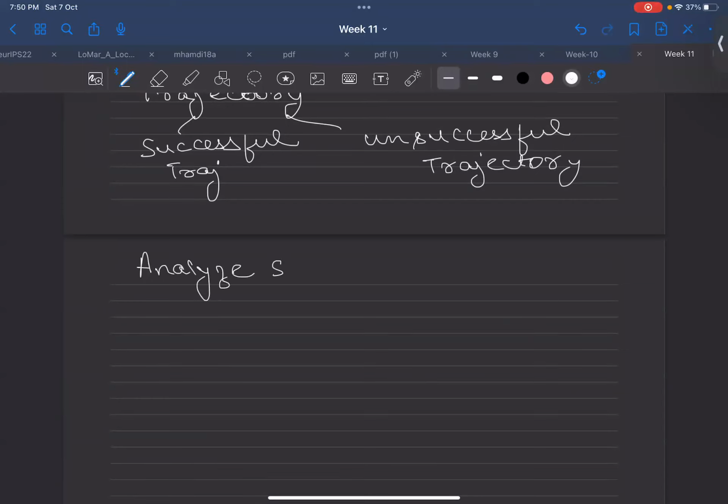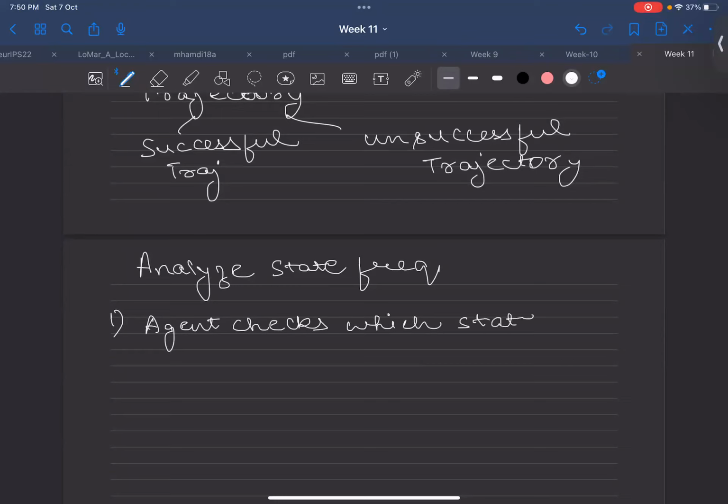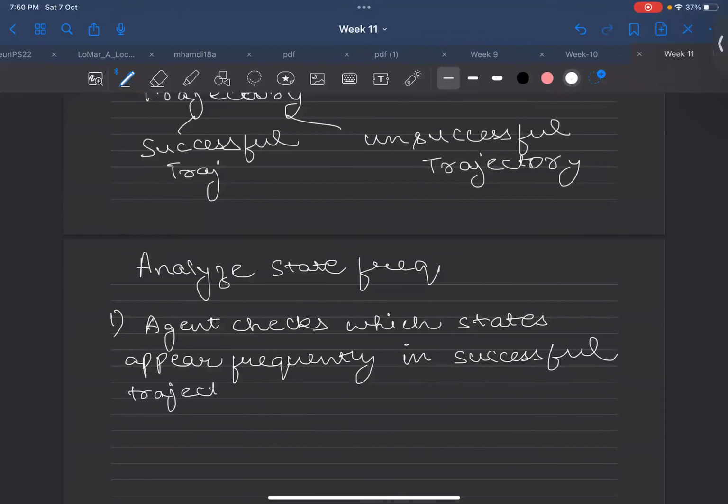The agent checks which states appear more frequently in the successful trajectories, and it also checks the states that appear in unsuccessful trajectories as well.